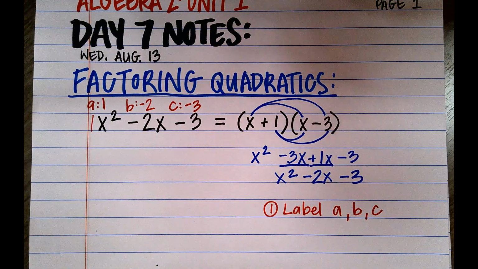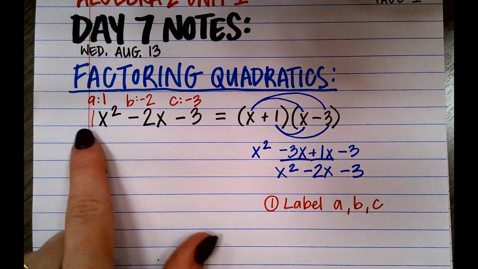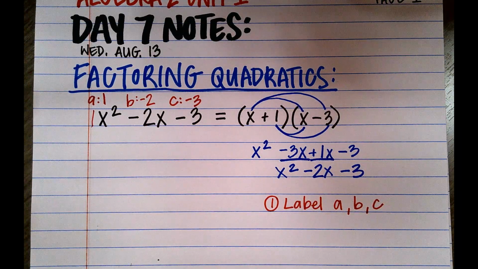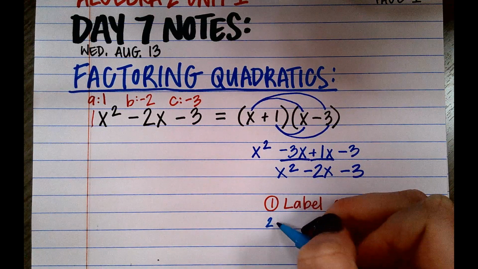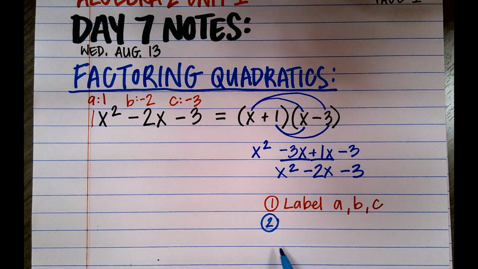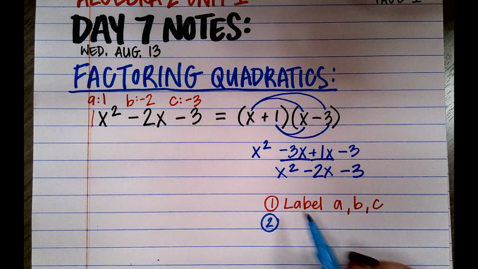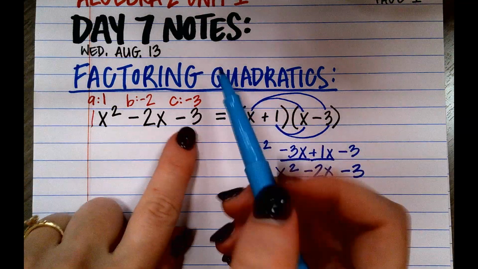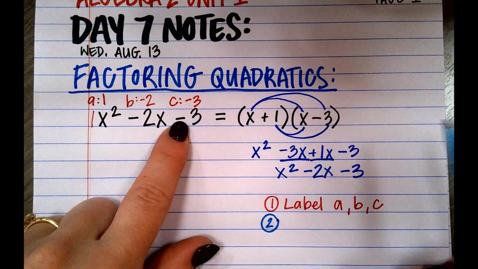Okay. Now, once we have our A, B, and C labeled, we're going to move on to the next step, which is we're going to list all of the factors, or all of the numbers that we could multiply to get C, which is -3.